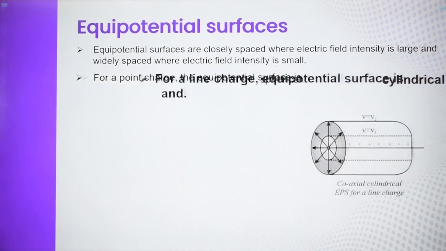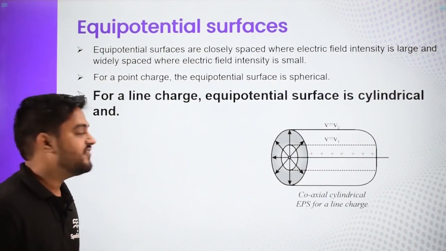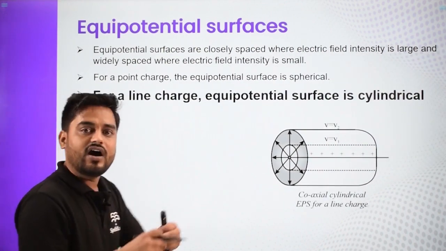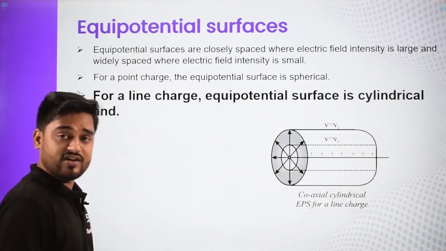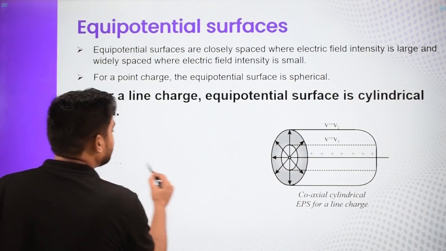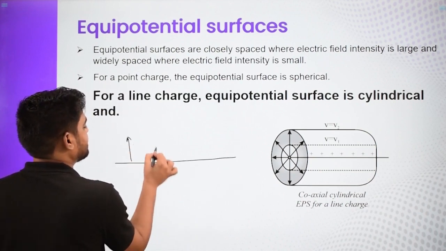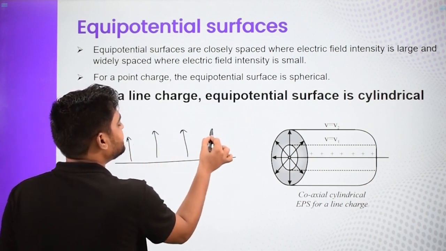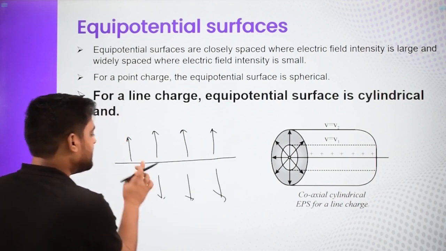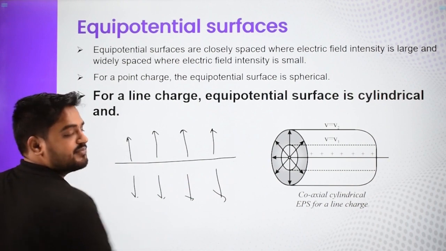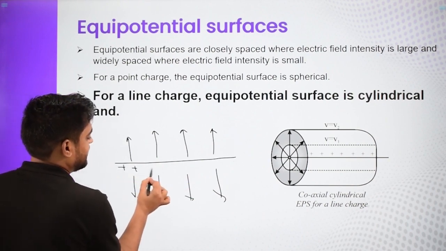Next is for a linear charge. If there is a linear charge like a very long wire, or a very long cylindrical conductor, then field lines basically go like this. This is just a 2D diagram. Here the field lines will also be going out of the plane, away from this linear charge if it is positive.